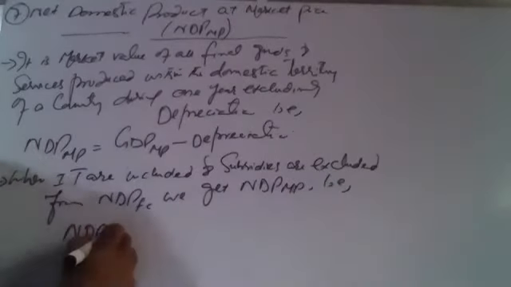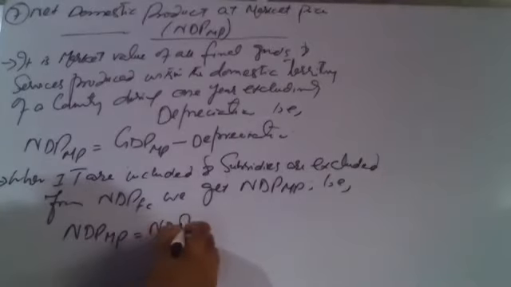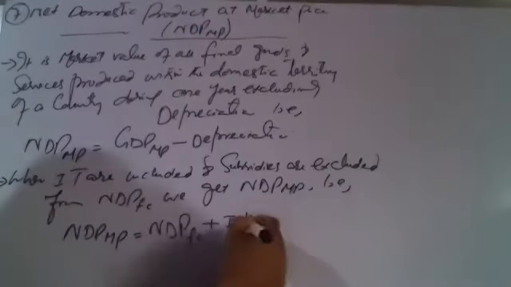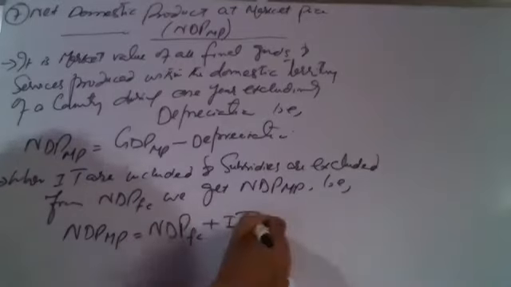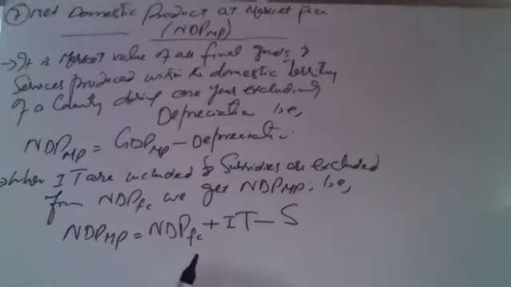NDP at market price is equal to NDP at factor cost plus indirect taxes. So when indirect taxes are added to factor cost and subsidies are deducted, we get NDP at market price.